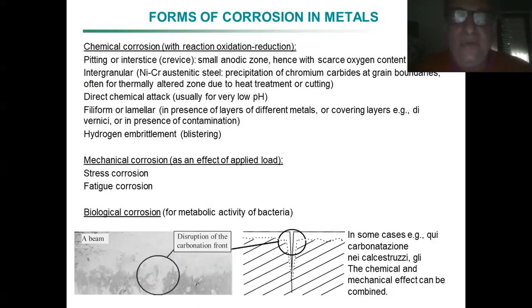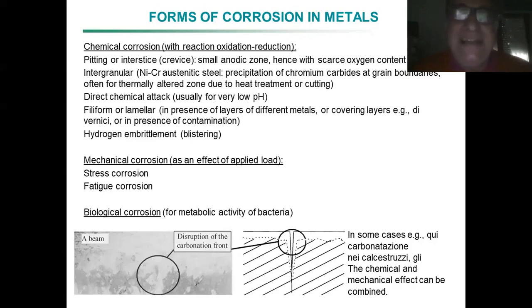Last time we also saw some corrosion which is not correlated directly with mechanical performance or mechanical loading, but which is correlated, for example, to some chemical action.